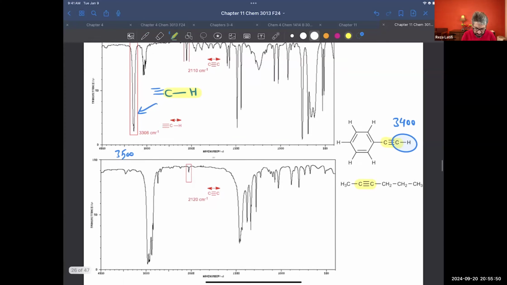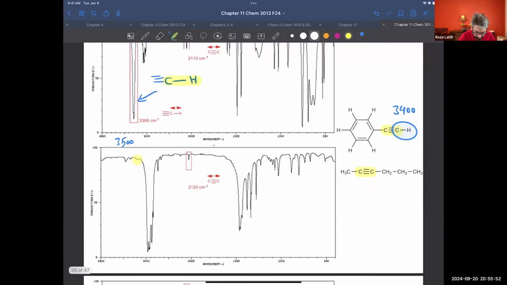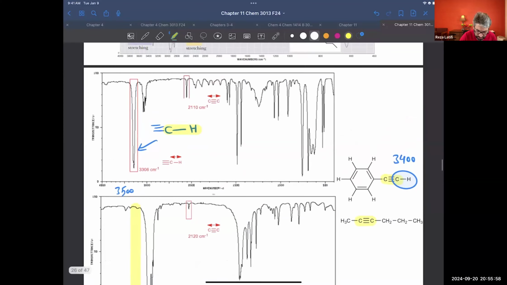And I don't see any peak higher than this one. Let me use yellow for this region.